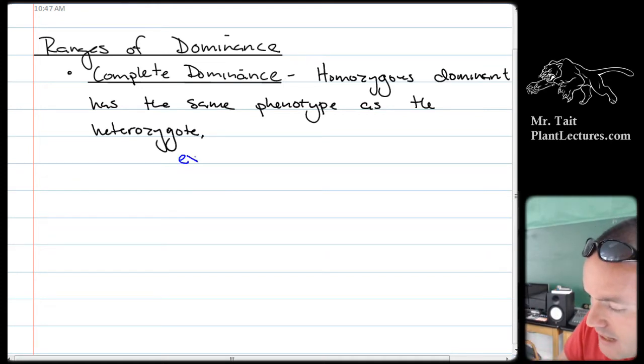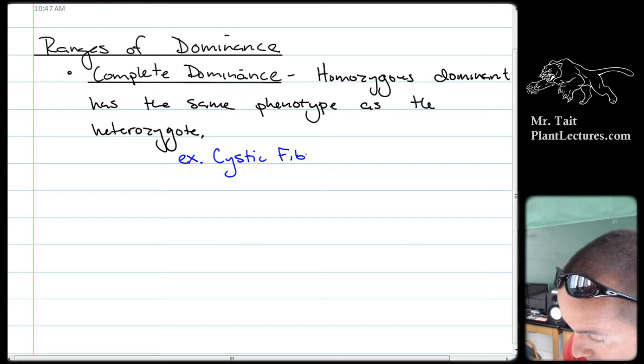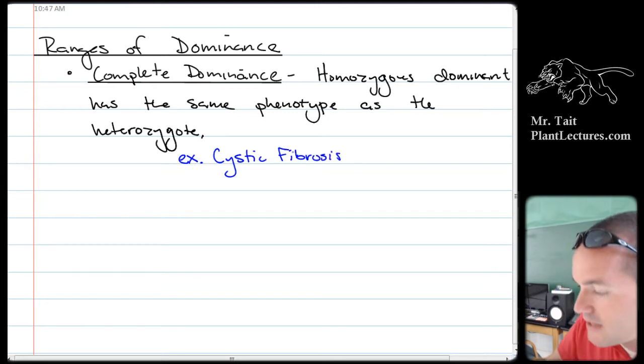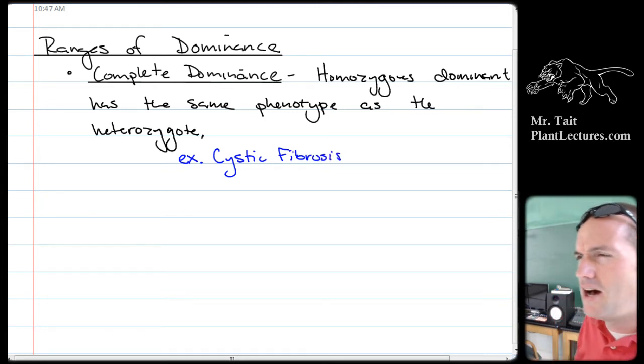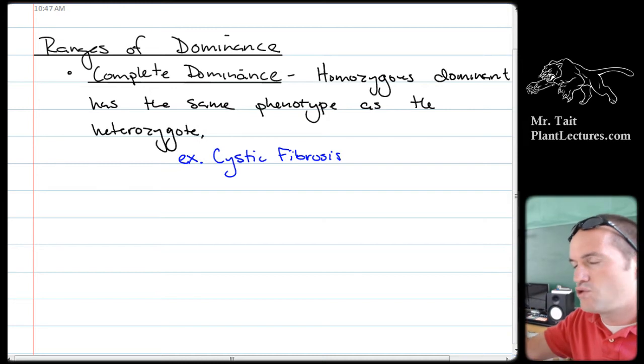Okay, there's an example in the book of cystic fibrosis. Cystic fibrosis is essentially the inability to transport chloride ions across the plasma membrane because the channel protein that would normally do it is misshapen.